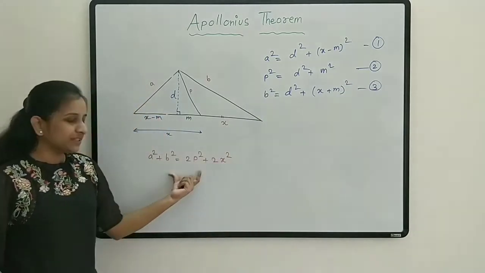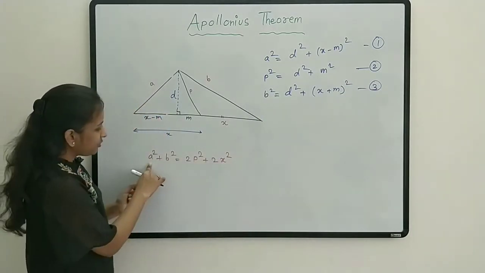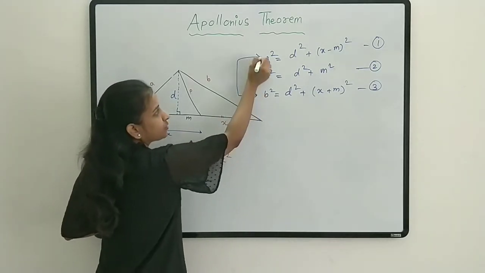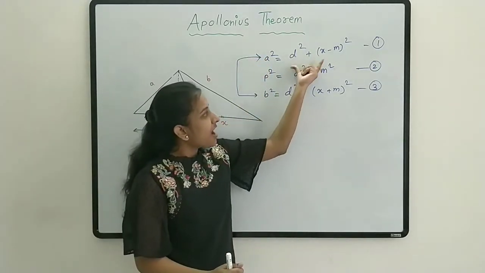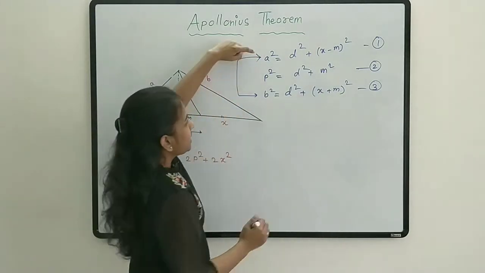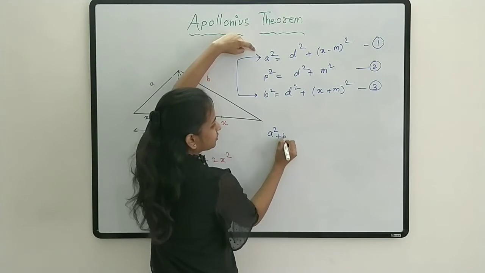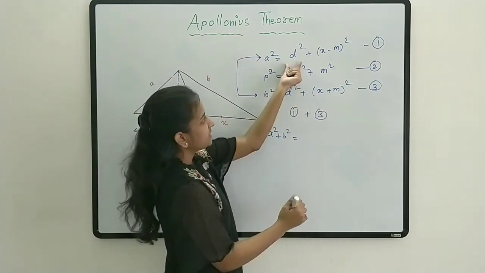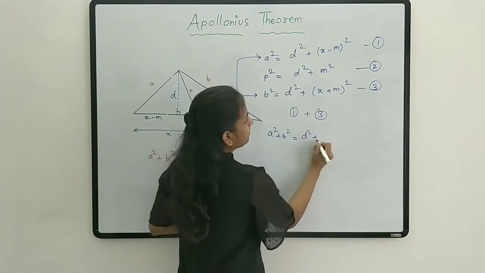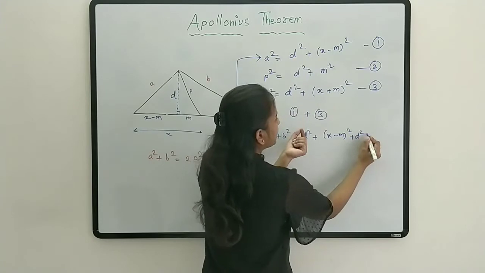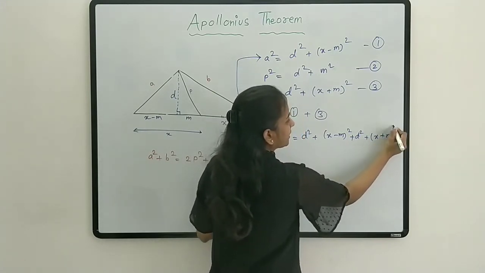From this we can prove this. Here we want A square plus B square term. So let's add A square plus B square and check after adding whether we'll get this or not. Here I am adding equation 1 plus equation 3. So on RHS what we will get? D square plus (X minus M) whole square plus D square plus (X plus M) whole square.